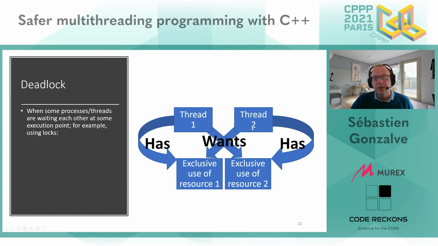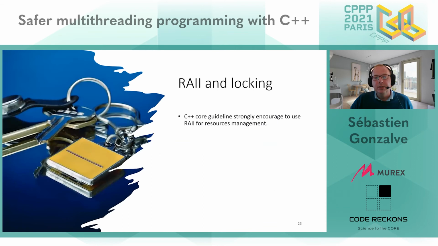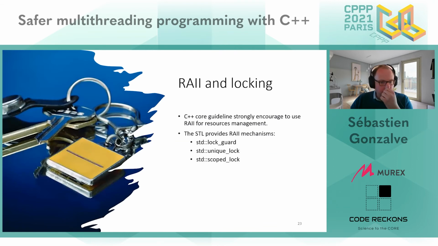Thread 2 should have tried to take lock 1 first and then the second one, so that the deadlock would not happen, because here thread 1 would not be blocked. This is something already well known by people using locks in general, but usually they are doing it by hand, by reviews, or making sure they do it in the good order. Here is an object that does it for you, and so you don't have to care. Just say, take my locks, lock them in the right order, and I just don't care.